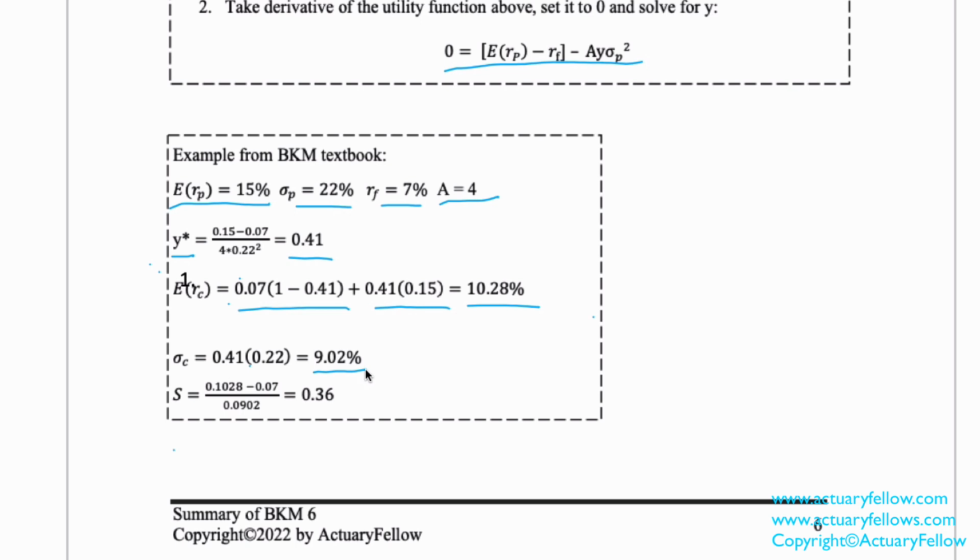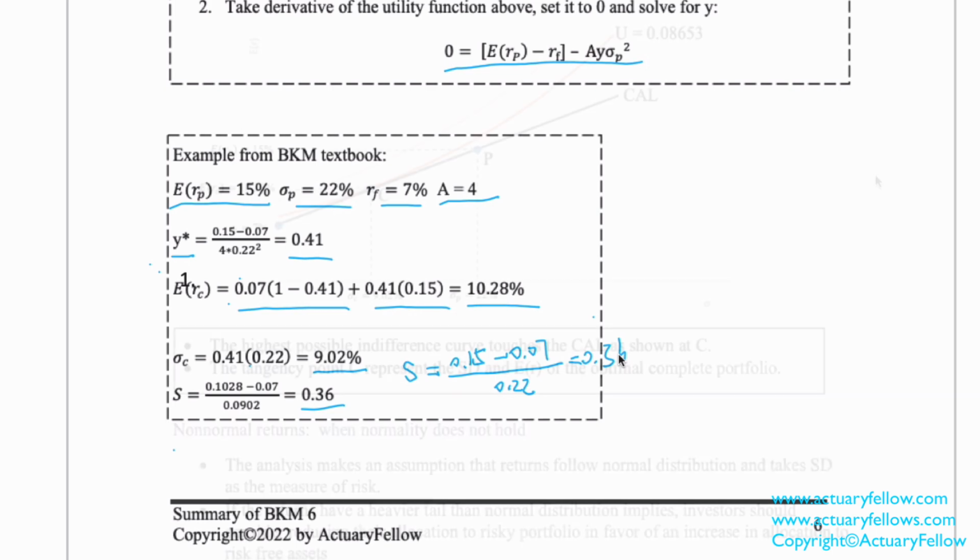The Sharpe ratio for the complete portfolio is the expected return 10.28% minus risk-free rate 7% over complete portfolio standard deviation 9.02%. We'll get the same answer using the expected return and standard deviation of the risky portfolio because they lie on the same CAL.